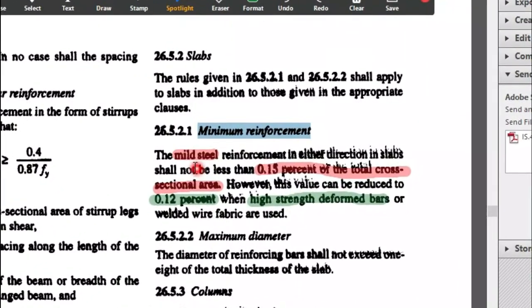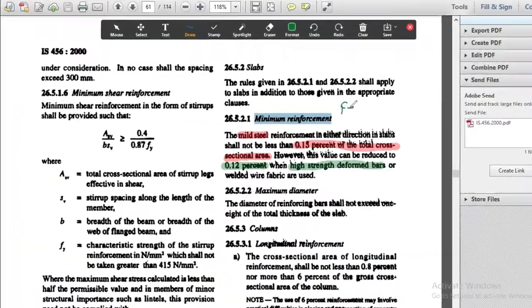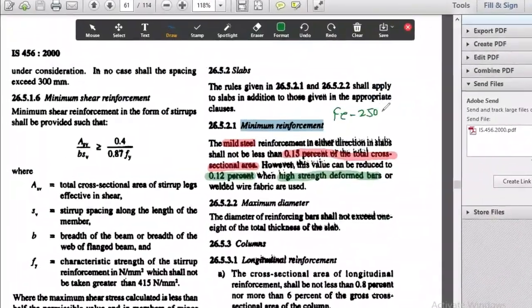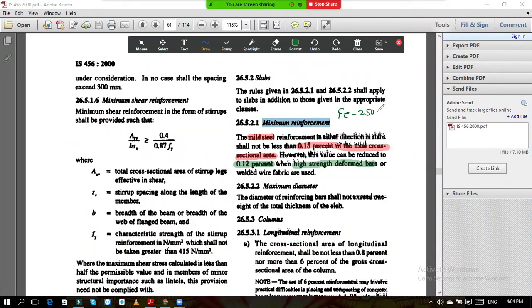The first point is when mild steel is given. Mild steel means Fe 250. When mild steel is given, it is 0.15% of the gross cross sectional area.